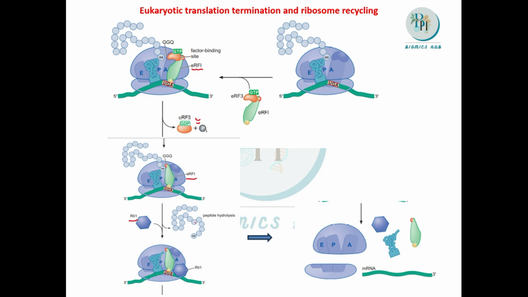This RLI1 helps in hydrolysis of the peptide bond. Its work is peptide hydrolysis, and it will hydrolyze the peptide bond, after which the mRNA will be dissociated from the ribosome. The large subunit and small subunit of the ribosome are dissociated, and the RLI1 is also dissociated.